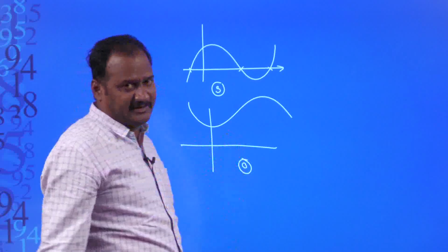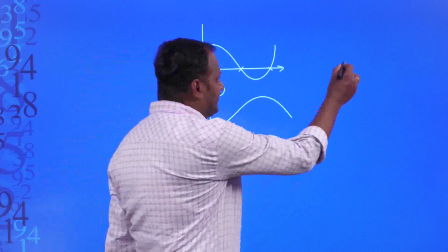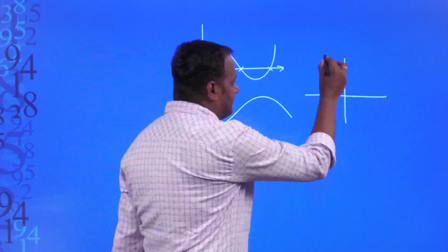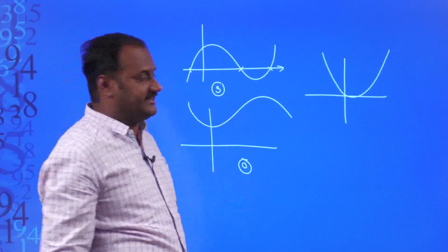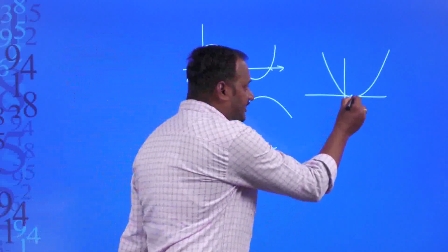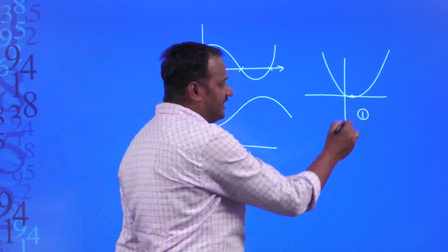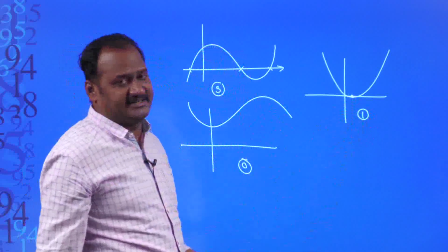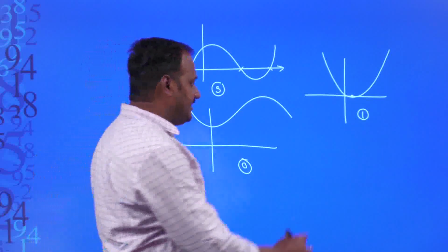Whatever the degree of the polynomial, it is not intersecting x axis at any point. For example, one curve is like this, that is, see, this curve is intersecting x axis in only one point. So, the number of zeros of this polynomial is only 1, because that curve is intersecting or touching x axis in only one point, right.